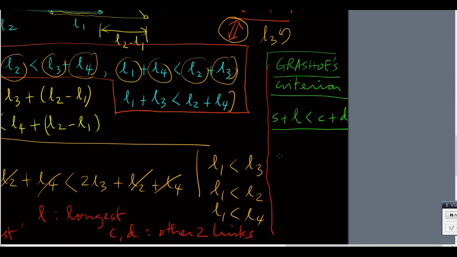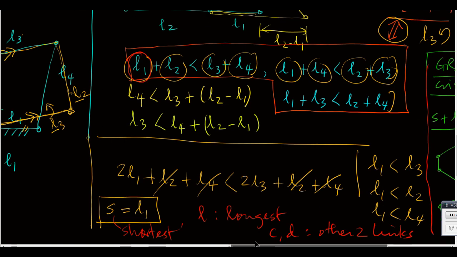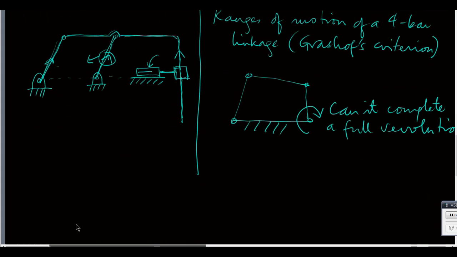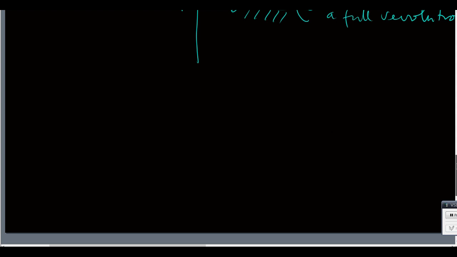So I can have the shortest here and the longest there, or I can have the shortest adjacent to the longest, and it doesn't matter, right? What matters is that the sum of the shortest length plus the longest length is less than the sum of the other two lengths. If that condition is satisfied, then full rotation is possible. Okay, otherwise it is not possible. So that's the Grashof criterion, and you can see that it's really important.